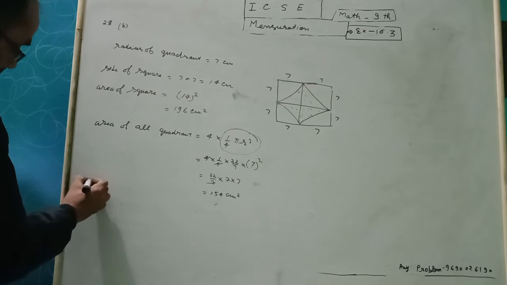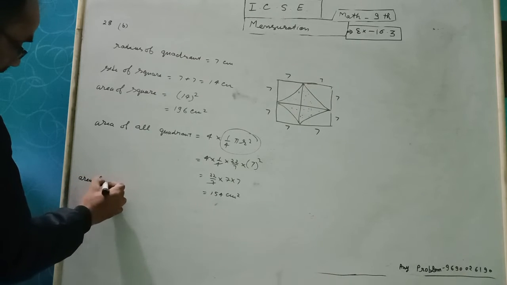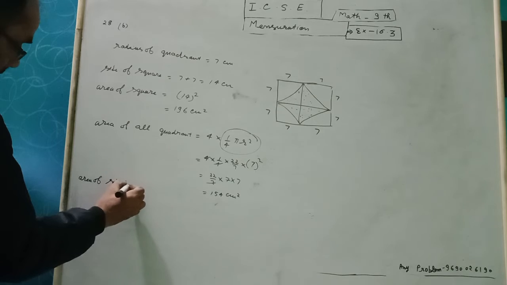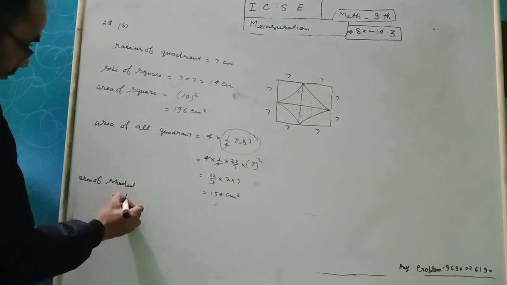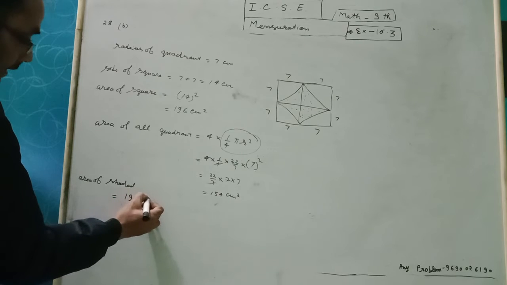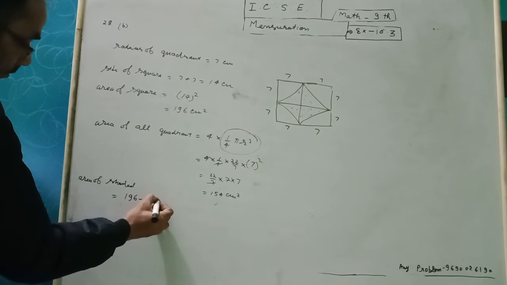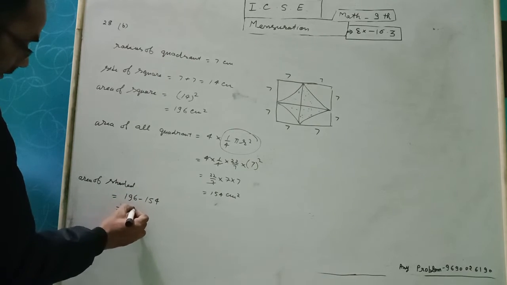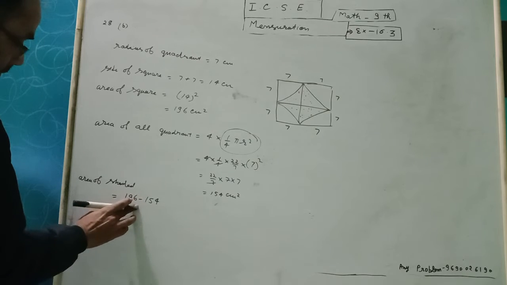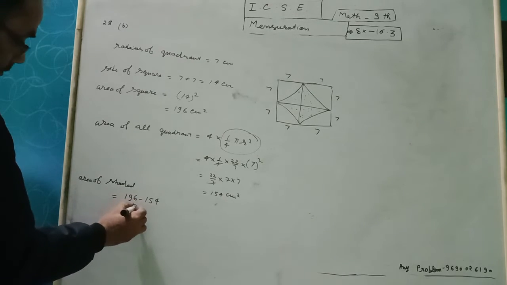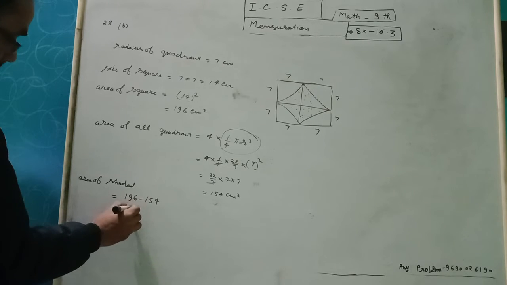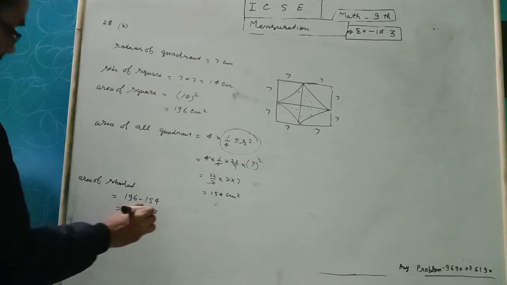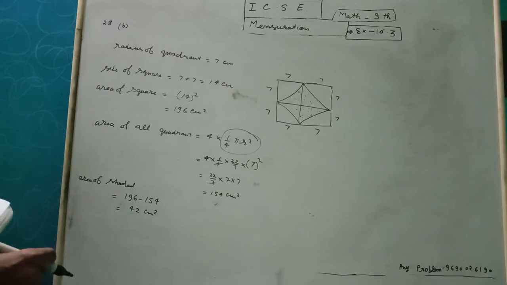Area of the shaded part is equal to 196 minus 154, after minus 42 cm square. That is 28 B part.